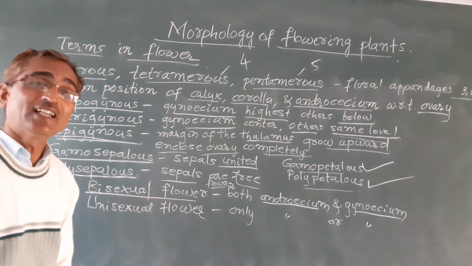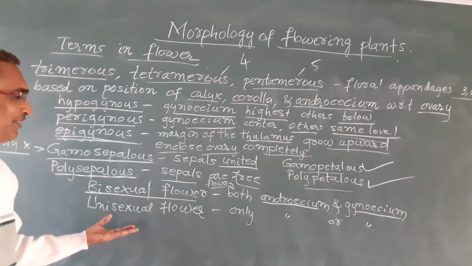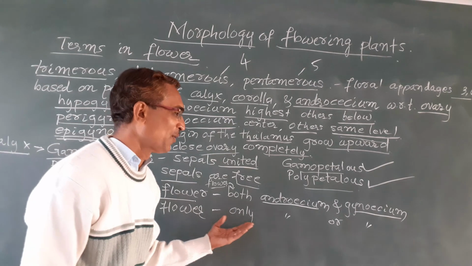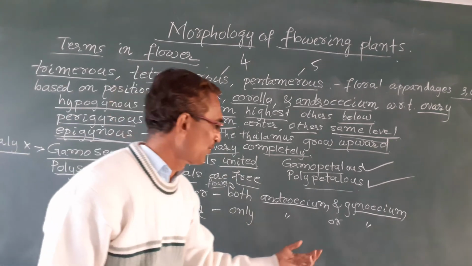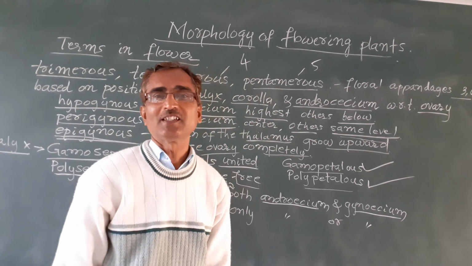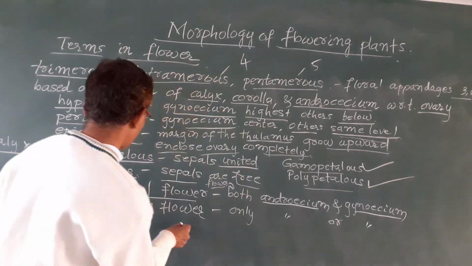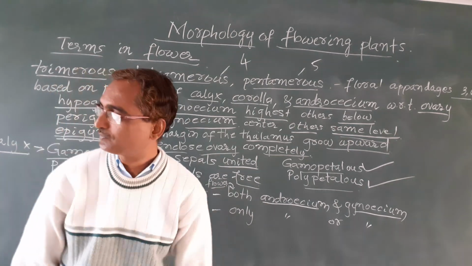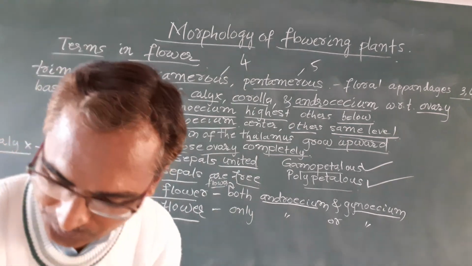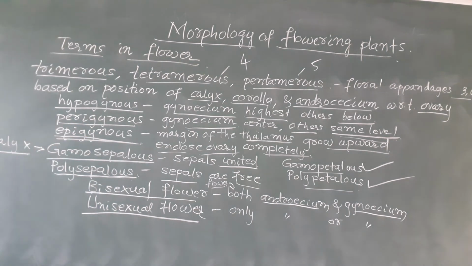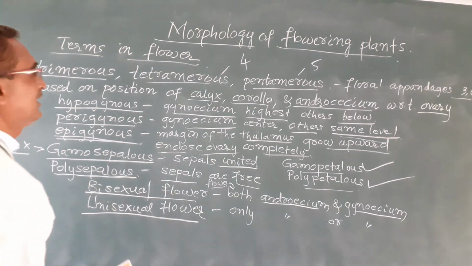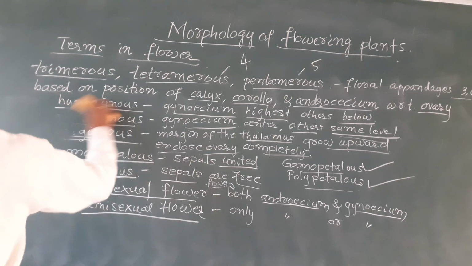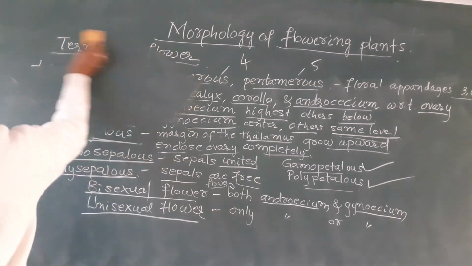On the other hand, if a flower has either only androecium or only gynoecium, such flowers are called unisexual flowers. These are a few technical terms in case of a flower.